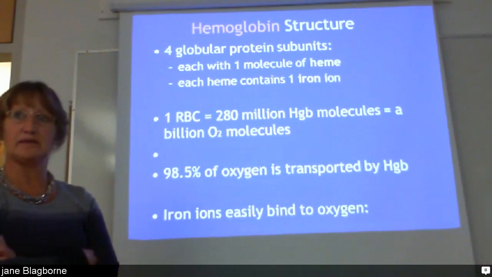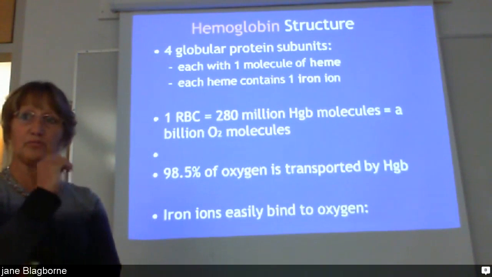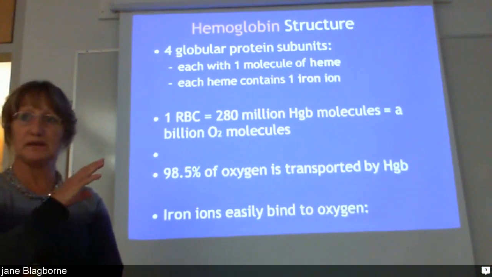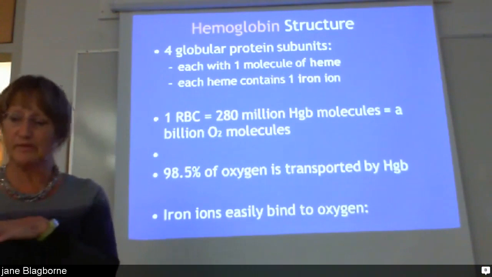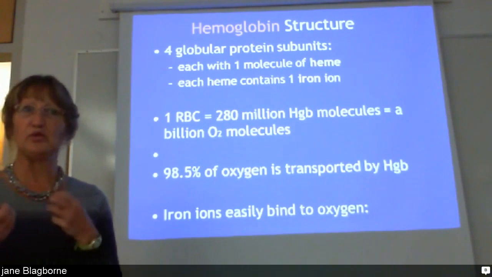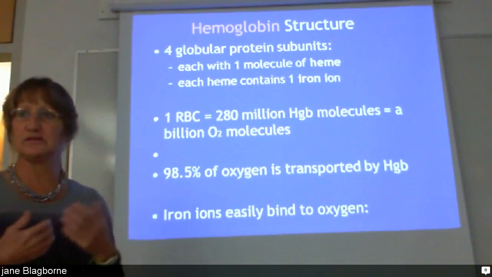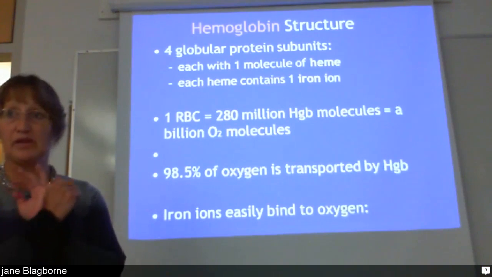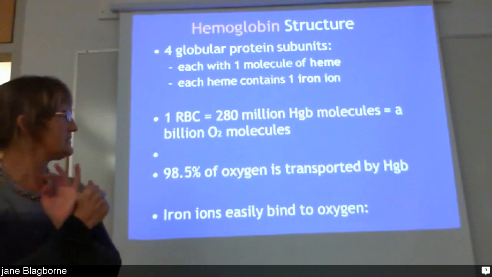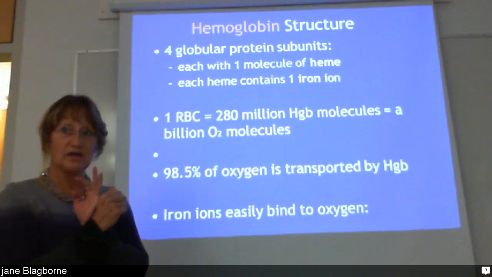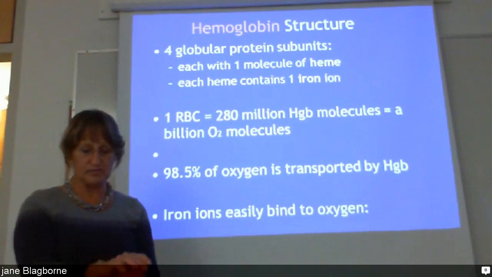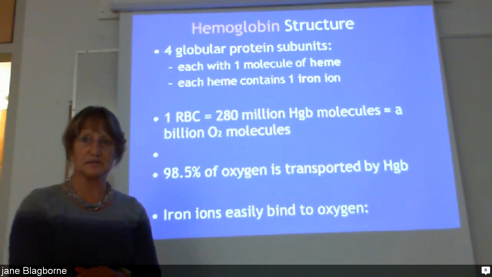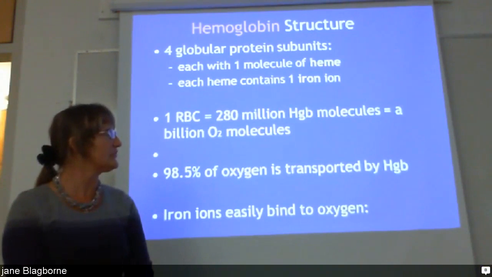Your oxygenated blood is a really bright orangey red, and your deoxygenated blood that's already given up its oxygen is kind of a bluey red. So you get to know the difference. Your oxygenated blood is in your arteries, coming from the heart. Deoxygenated is in your veins, and that's why the veins in your arms are quite bluey colored, because the oxygen has been given up to the cells.